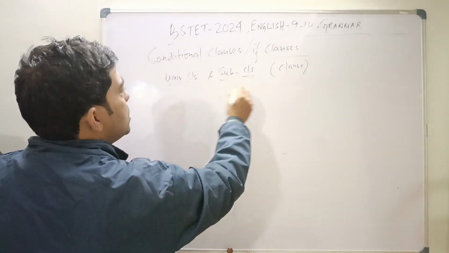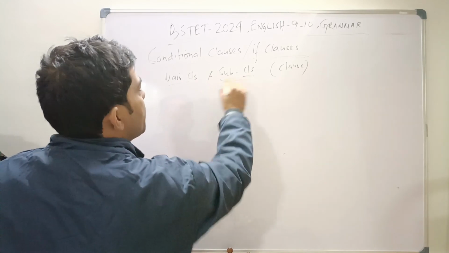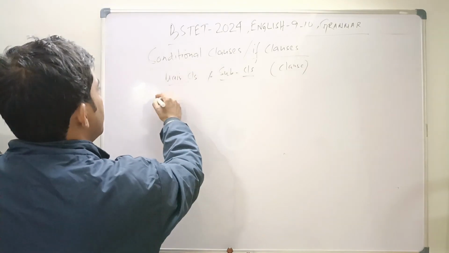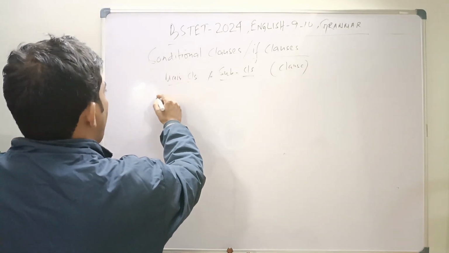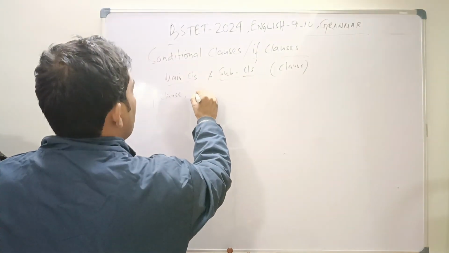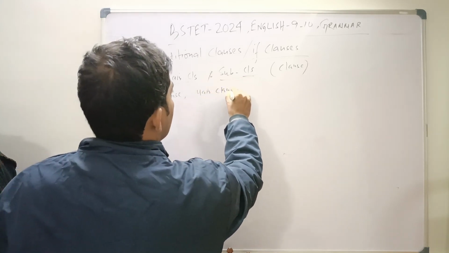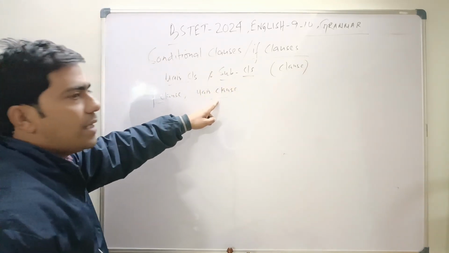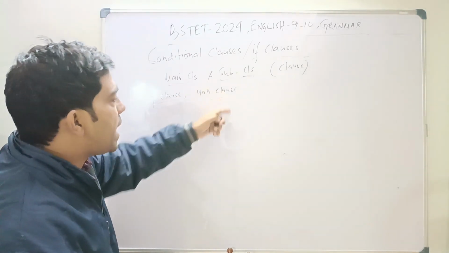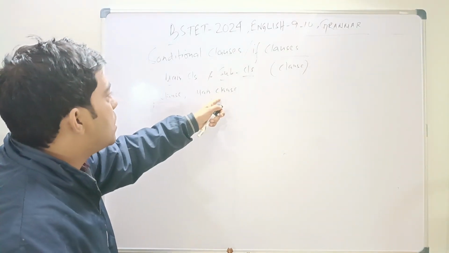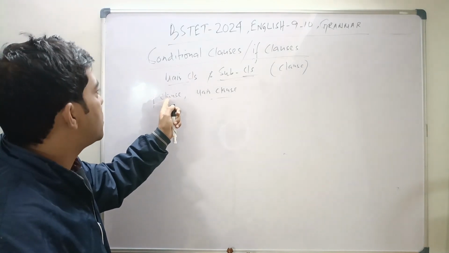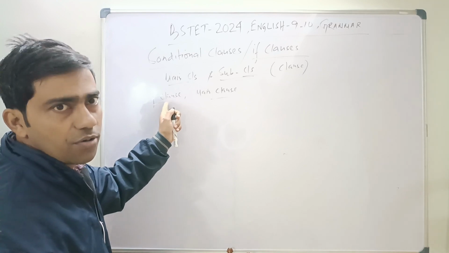In an if clause also there are a main clause and a subordinate clause, but the main clause will be later and the if clause will be earlier. The main clause idea will be dependent on the if clause, and the main clause language will follow the effect that is generated in the if clause, the subordinate clause.